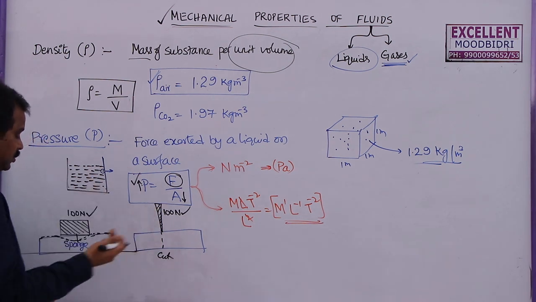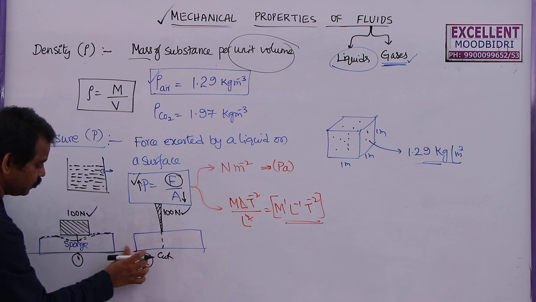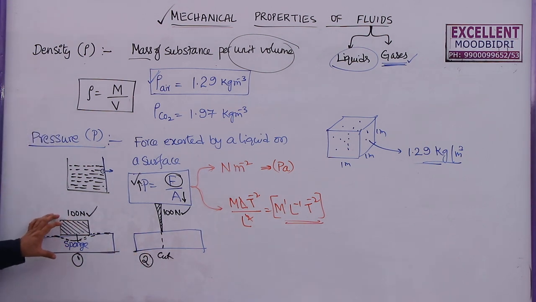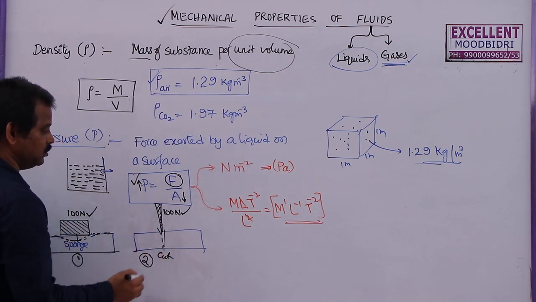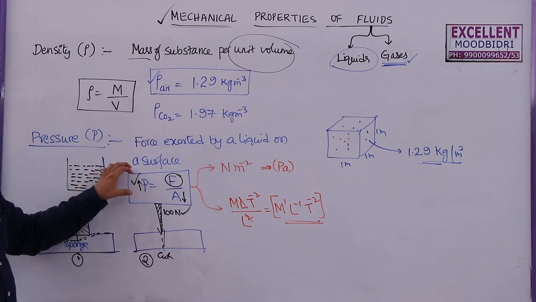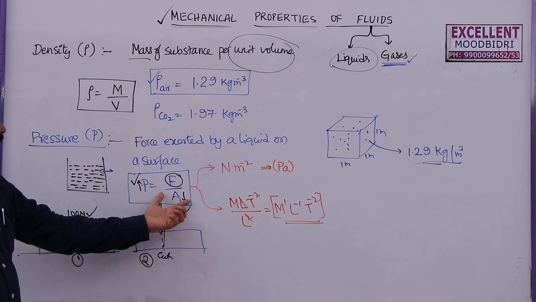That means the effect is different. In diagram 1 and diagram 2, the effect in the first one is different. It is just deforming the sponge, whereas in the second one it is cutting the sponge. So pressure can be understood by the effect of force on a particular area.